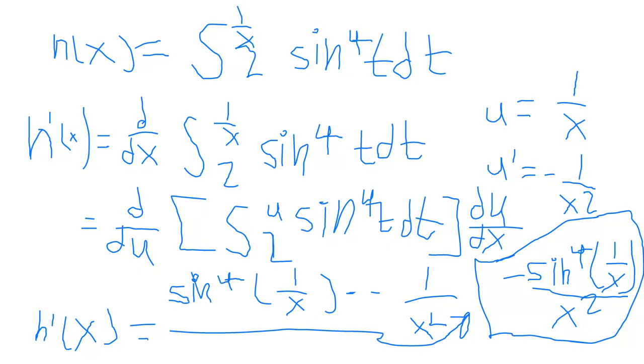The domain of the sine function is all real numbers. This is sine to the fourth power though. Sine is all real numbers. So does sine to the fourth change the domain? Well, when I look at the graph of sine to the fourth, I'm not really seeing that much.